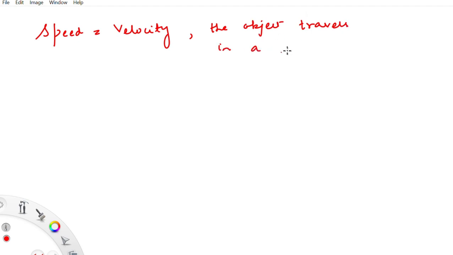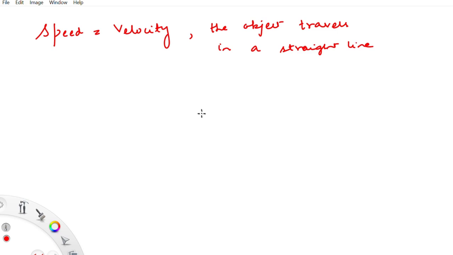So speed and velocity become equal when the moving object travels in a straight line. Why? Because in a straight line, distance and displacement are the same. That is why speed and velocity also become the same if an object is traveling in a straight line.